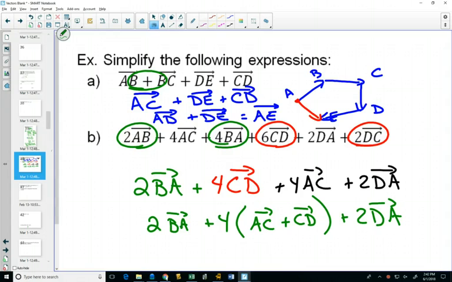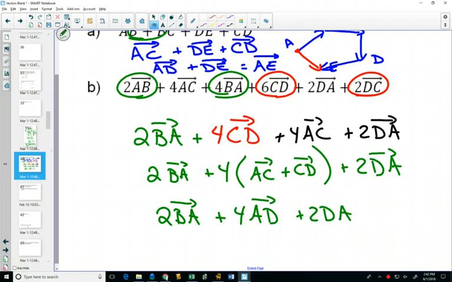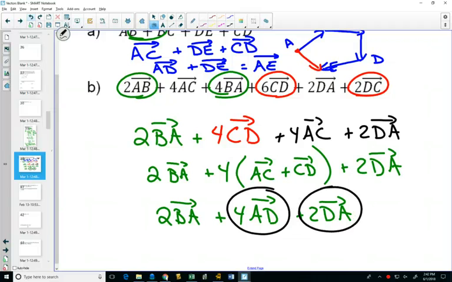And those middle 2 will become four ADs. And then the plus 2 DAs, I'm going to circle those in black. Wow, I missed that circle completely. There we go. There's a better circle.